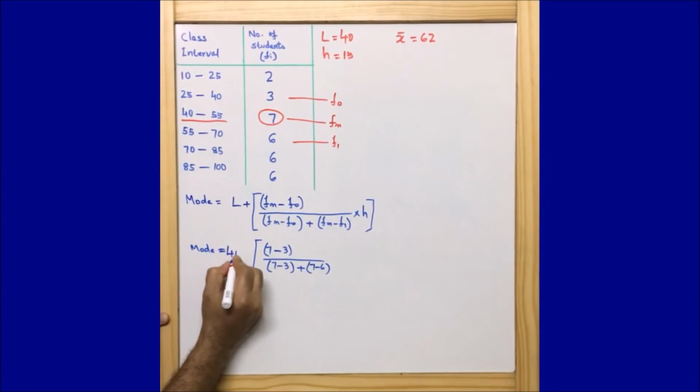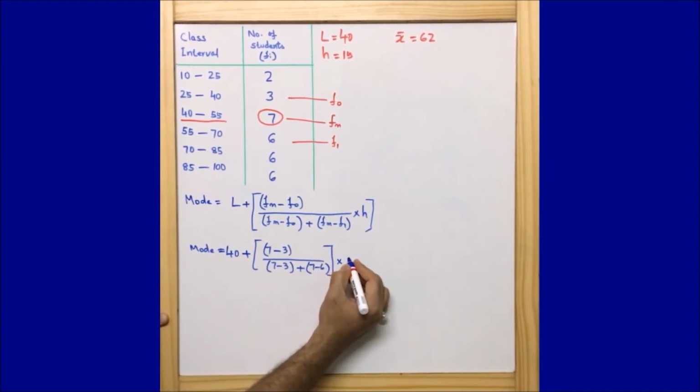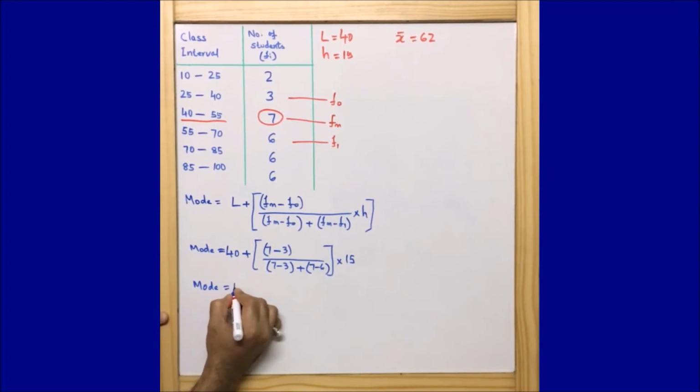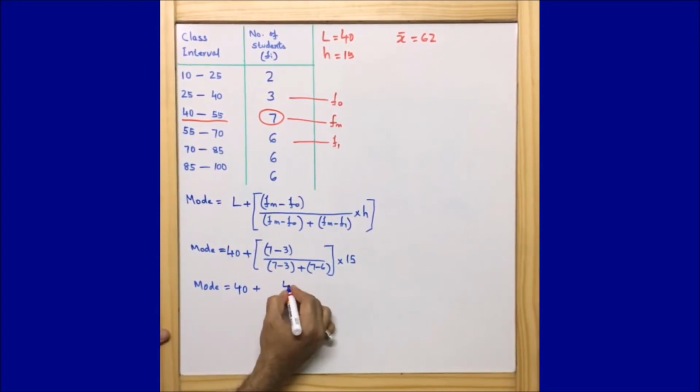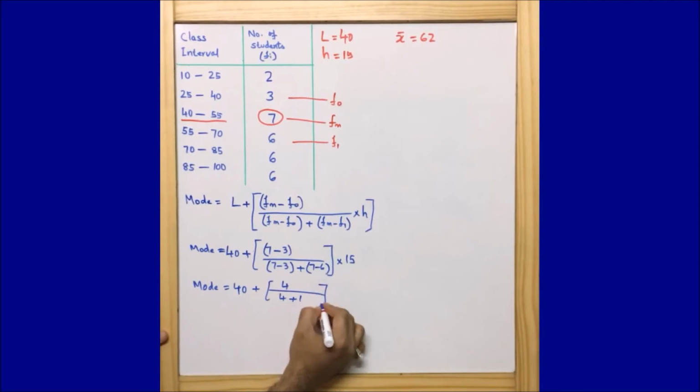So I can write 40 plus, and into the class size, which is 15. Mode is equal to 40 plus 7 minus 3 is 4, upon 7 minus 3 is 4 plus 7 minus 6 is 1, into 15. The class size is 15.